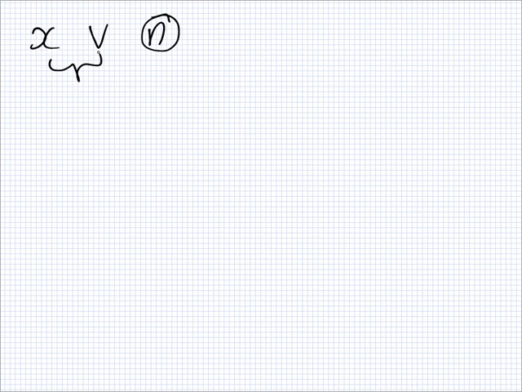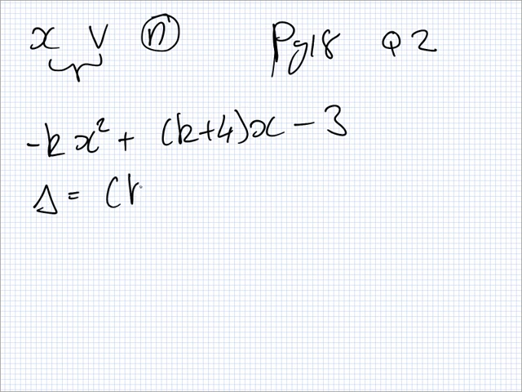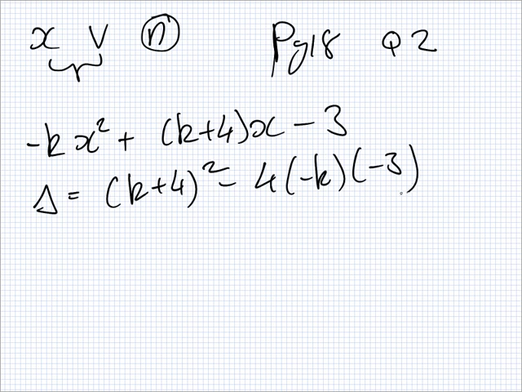X and B. So I will start with X. This is page 18, question 2. Right, starting with x. Minus kx squared plus (k plus 4)x minus 3. So the discriminant is b squared minus 4ac. Yep. Right, that is k squared plus 8k plus 16 minus, it's a minus 12k.